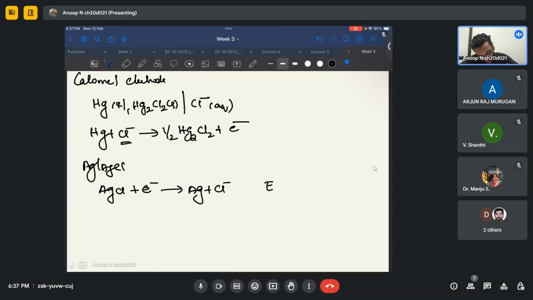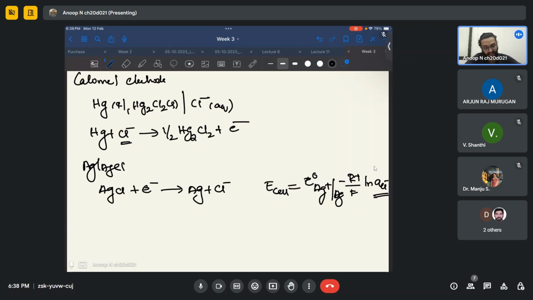So the Nernst equation: E cell is equal to E0 of Ag plus bar Ag minus RT by F ln of the activity of Cl minus. Here also you can see chloride. So the concentration of KCl we are taking matters.